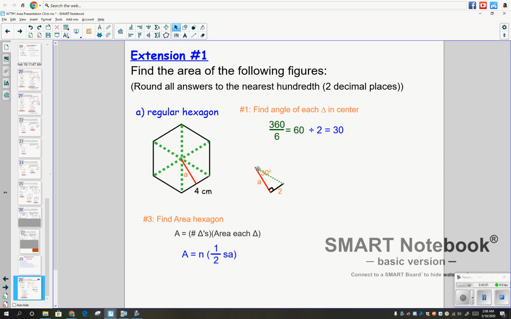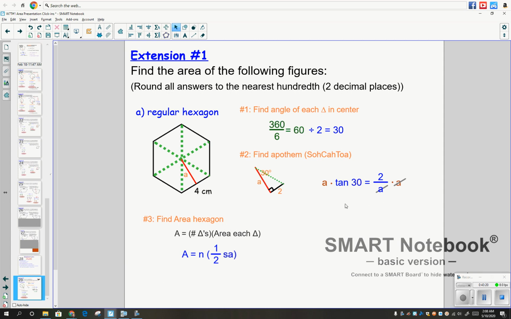Can I solve for a here? Yeah, SOHCAHTOA. 30 is my reference angle. 2 is opposite. a is adjacent. That tells me I'm going to use what? Tangent. Tangent of 30 equals 2 over a.